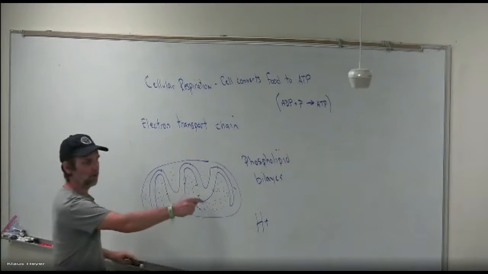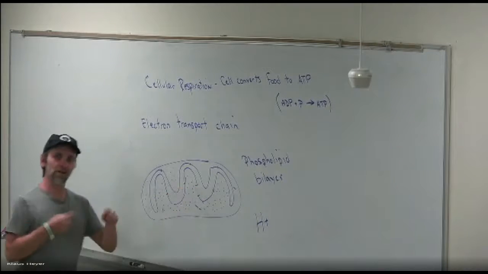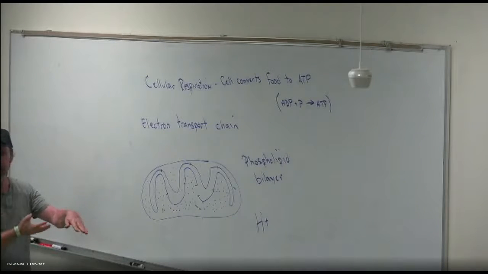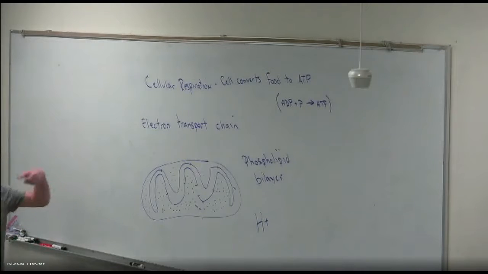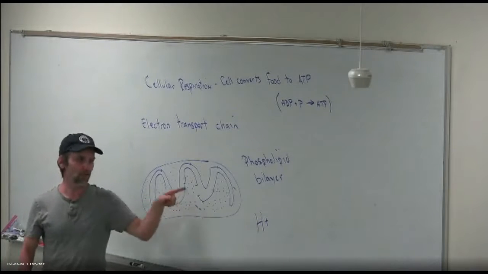So when they all come back in, that's like turning a mill. It's like water making a turbine move, or like imagine water flowing through a mill. You see that big wheel start to turn because water's flowing through it. That's what the protons are like, water.